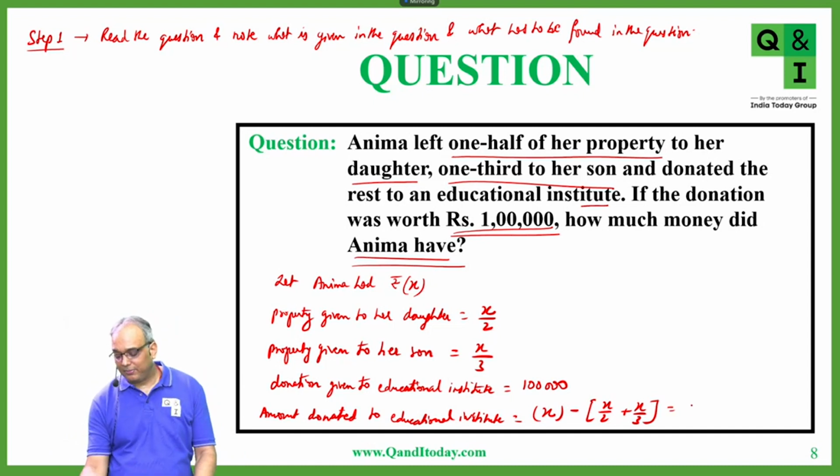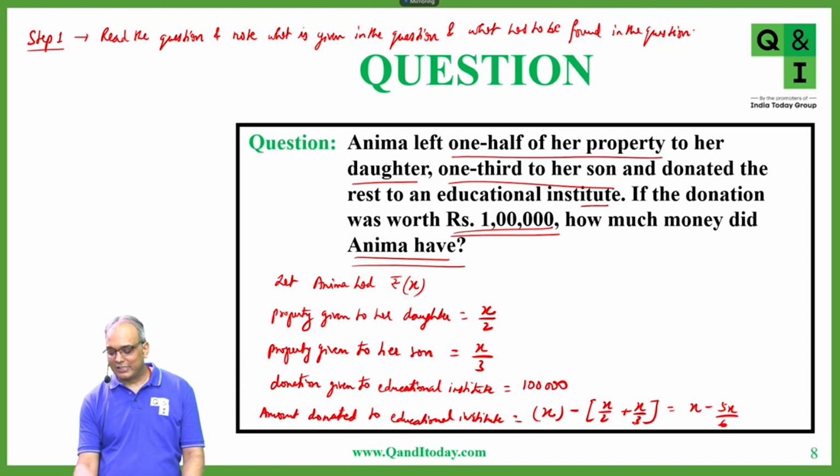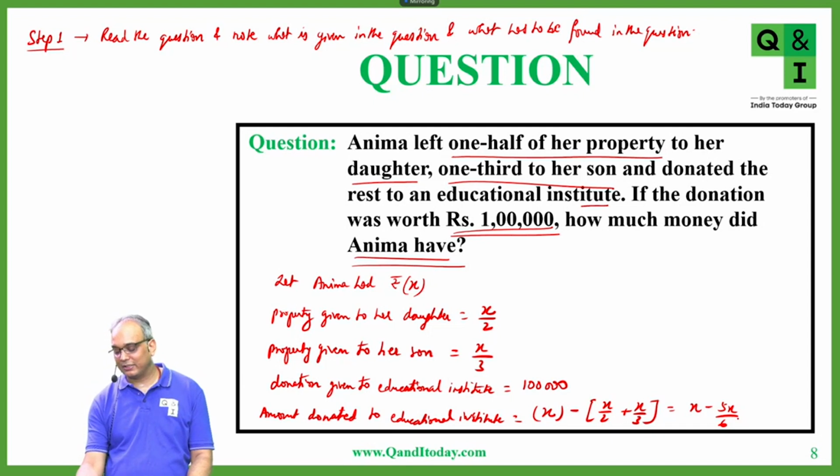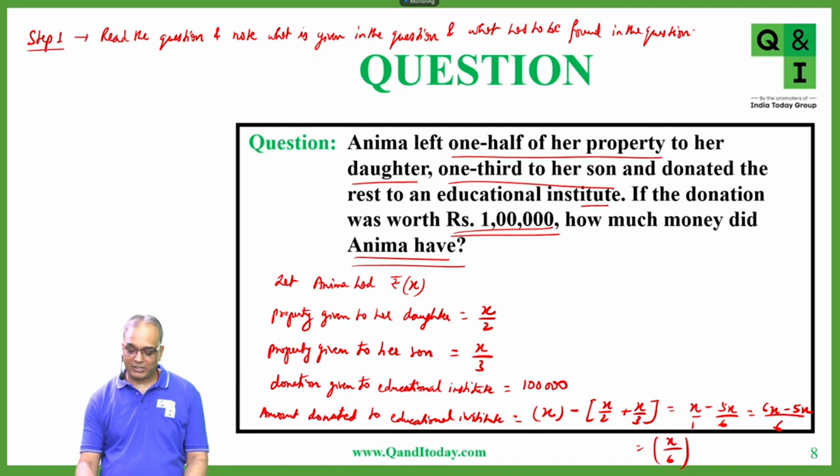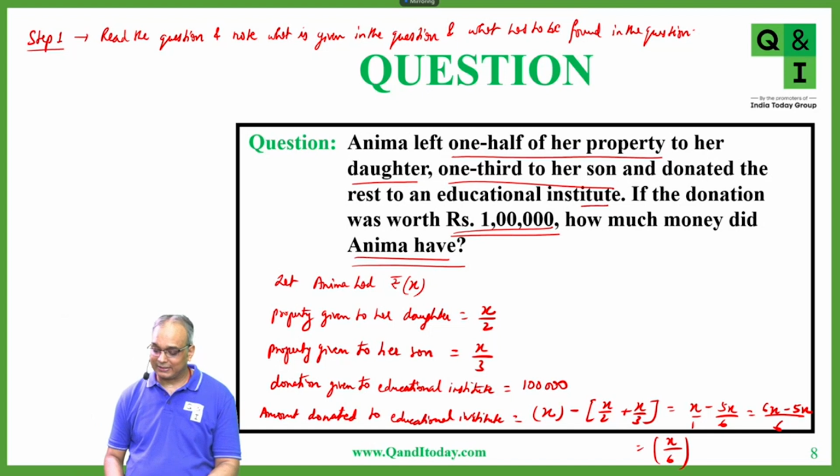So this will be X minus, if you take LCM, 5X by 6. LCM of 2 and 3 is 6, and then we have 3X and 2X, so that is 5X. If you take LCM again, this is 6X minus 5X, which is equal to X by 6. So this is the amount donated to the educational institute, X by 6.